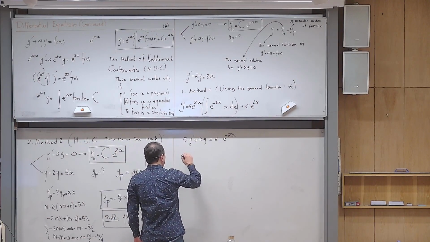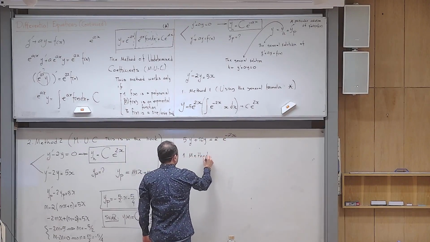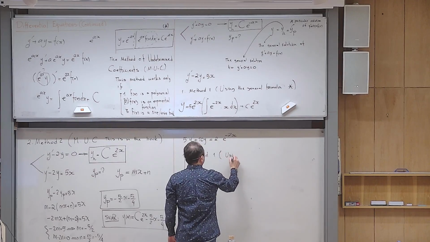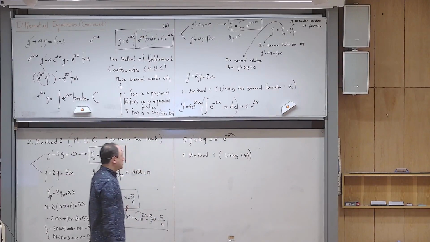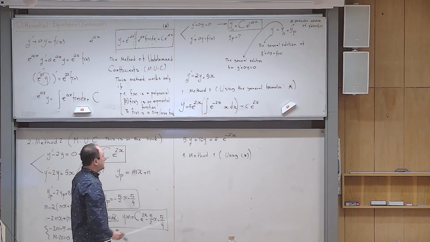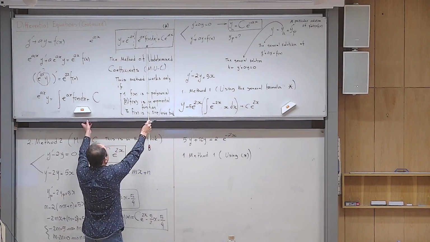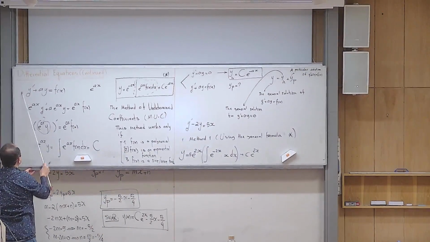Okay, so again, let me write method 1: using the general formula, using star again. But be careful. This general formula is found under the condition that this coefficient is 1.